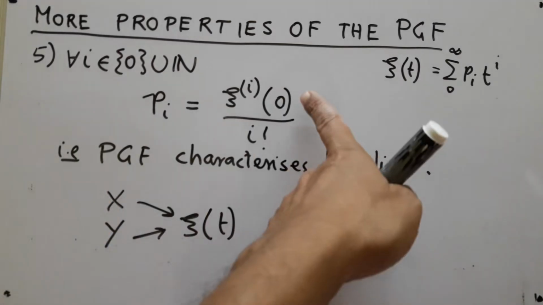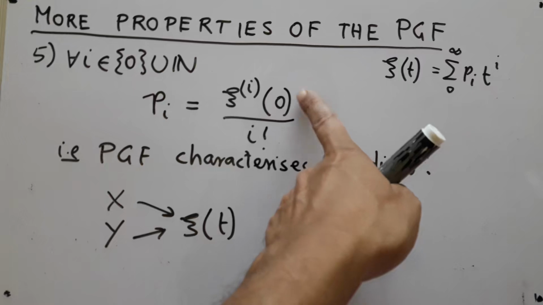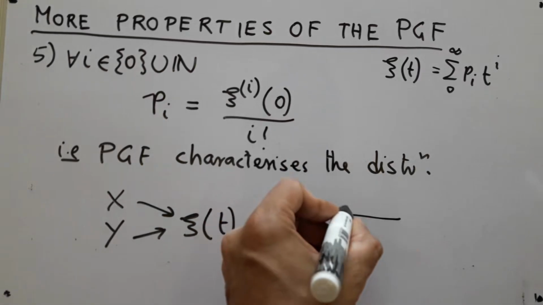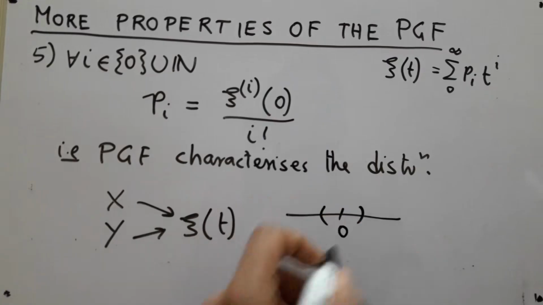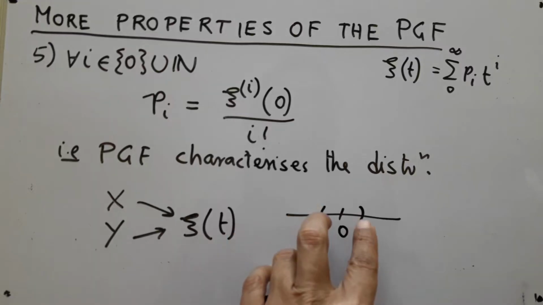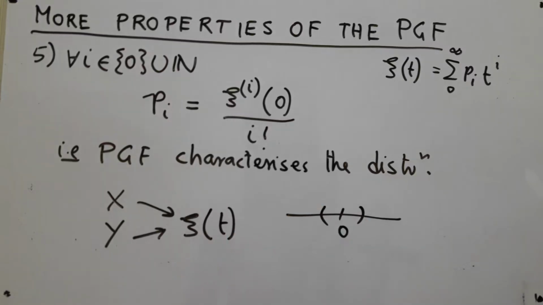Also observe that all that I care is that all the derivatives must match at 0, and for this all that I really need is that they must have PGFs that match only over some neighborhood of 0, some minus epsilon to plus epsilon. Immediately all the derivatives must match at 0.